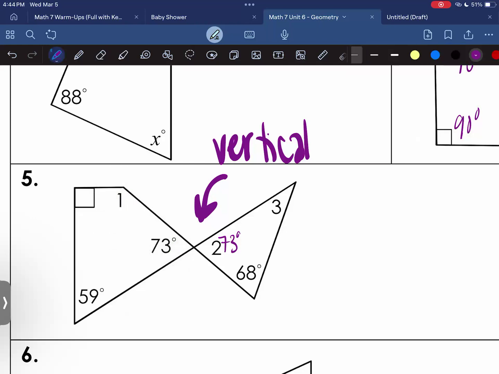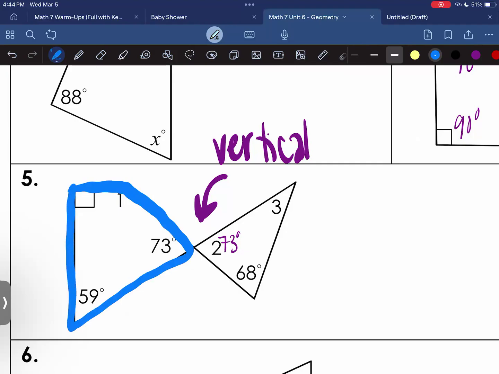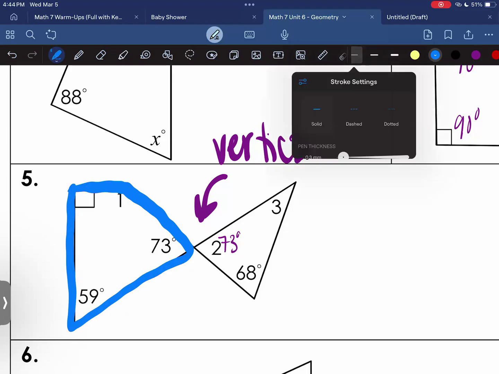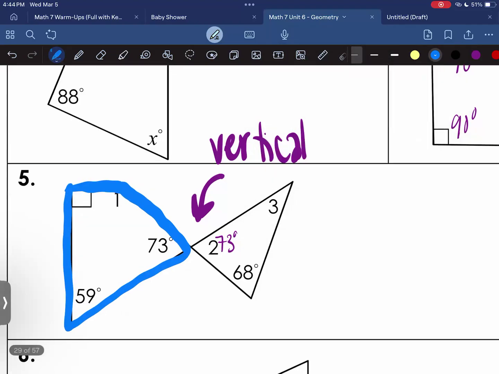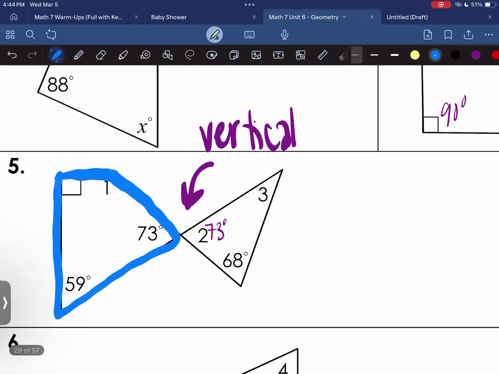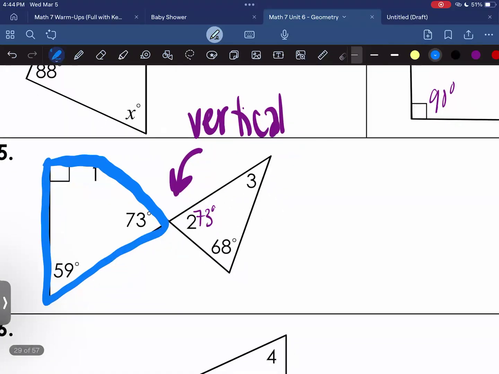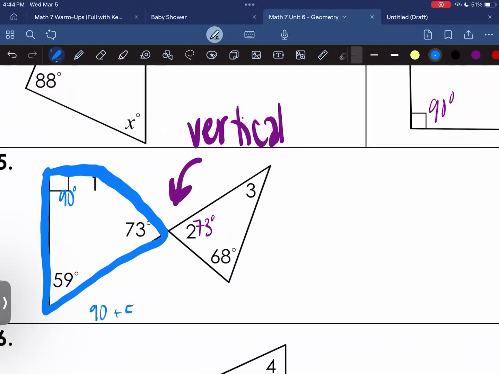Okay, so we have a quadrilateral right here. I'll line that pretty thick. 4 sides, 4 angles, quadrilateral. So those 4 would add up to 360. So again, we know this is 90 degrees. So we have 90 degrees plus 59 degrees plus 73 degrees plus, and I'm going to call angle 1 x.